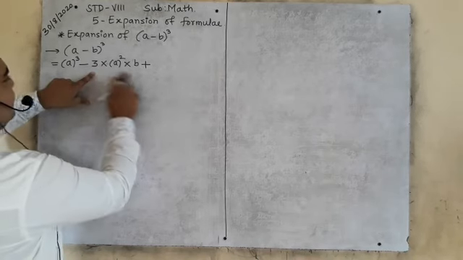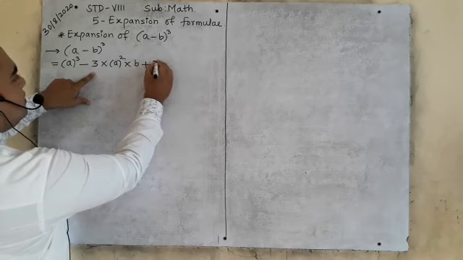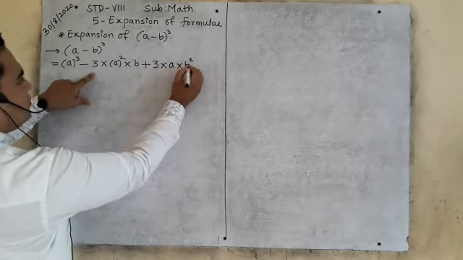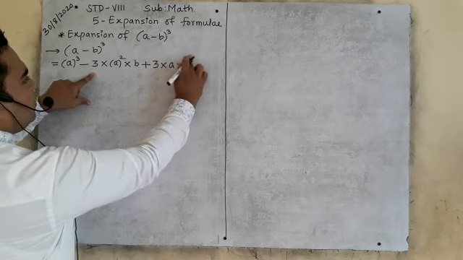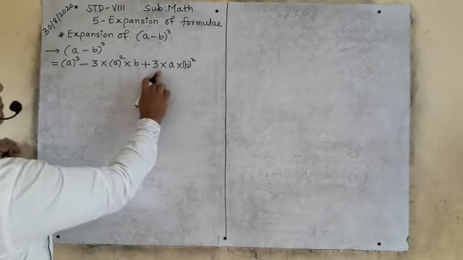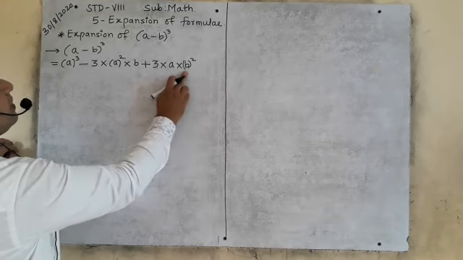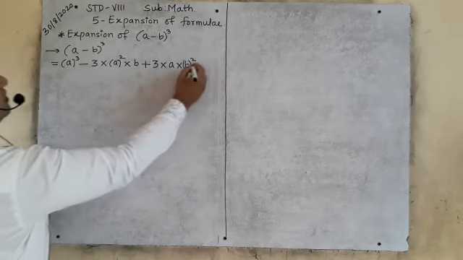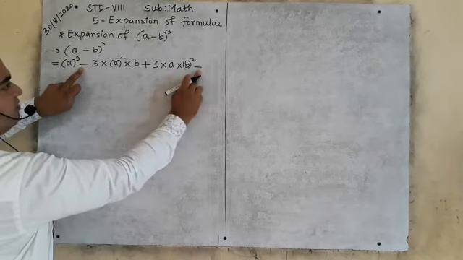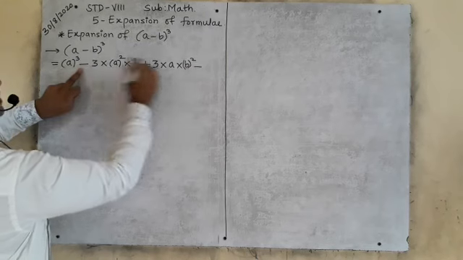Now like the same you will write, but second term will carry the square. See, 3 multiplied by first term multiplied by square of second term, minus. In the beginning will be minus and in the end will be minus, second term cube.